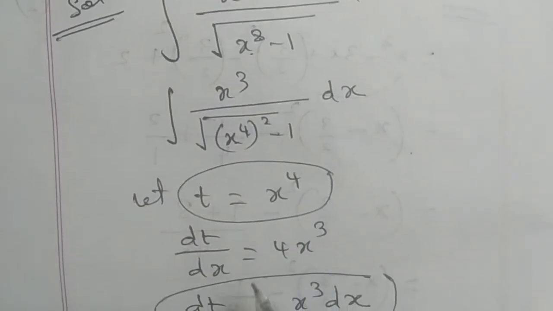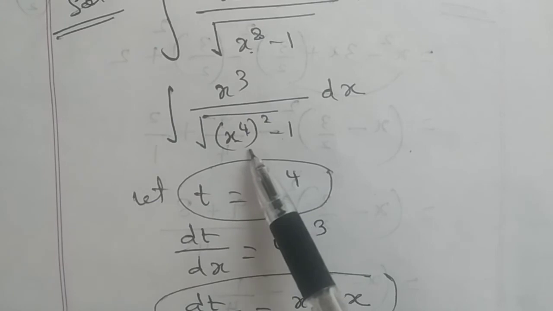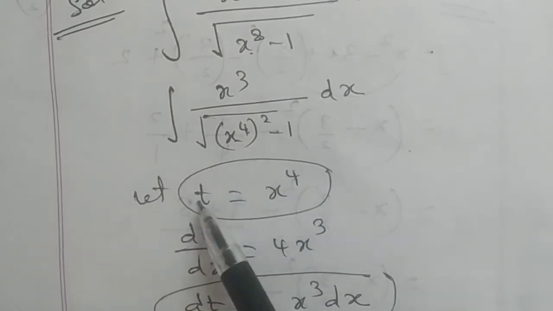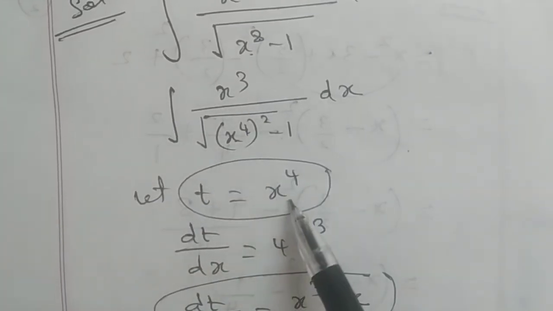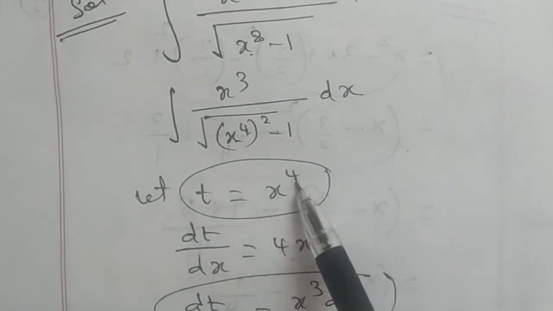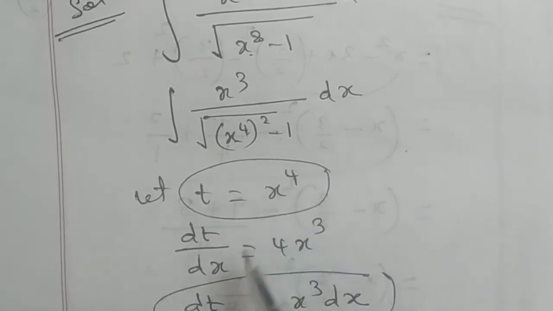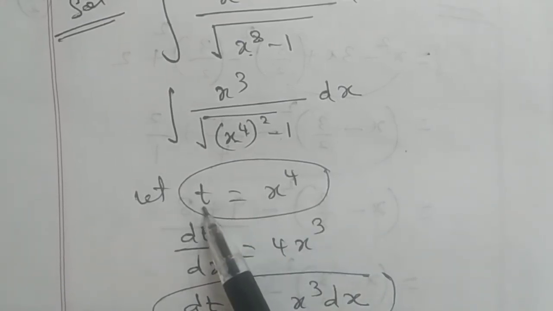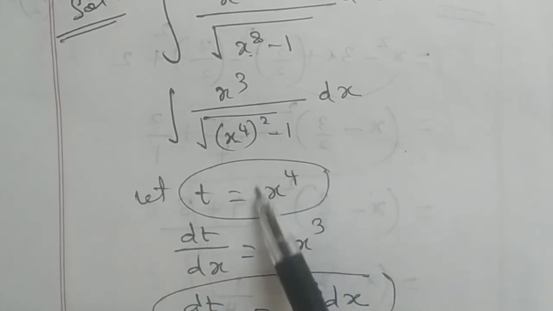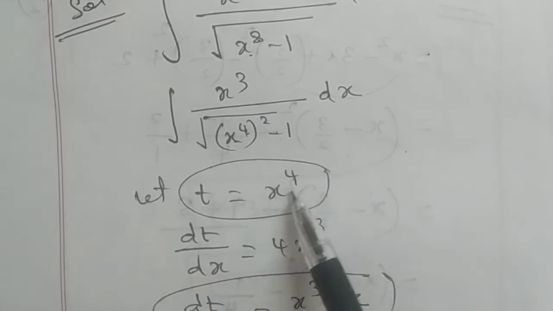So next, we are using the substitution method here. Let t equal to x to the power 4. Differentiation with respect to x: dt by dx equal to derivative. We are finding the derivative for x to the power 4.